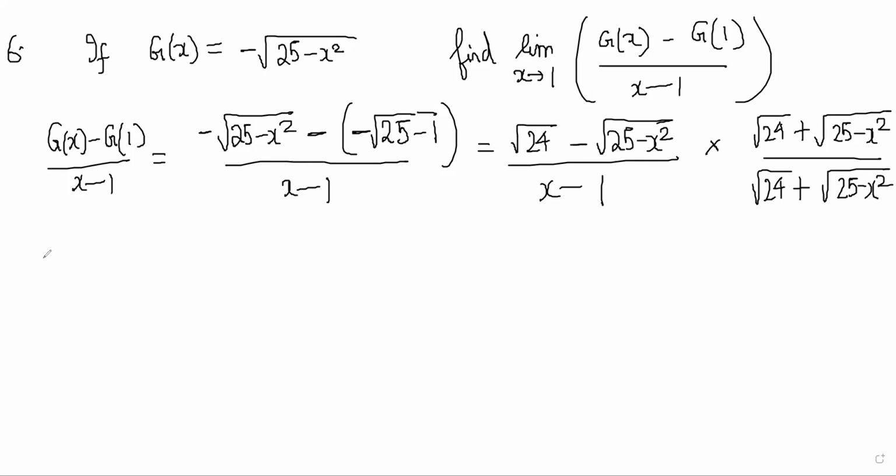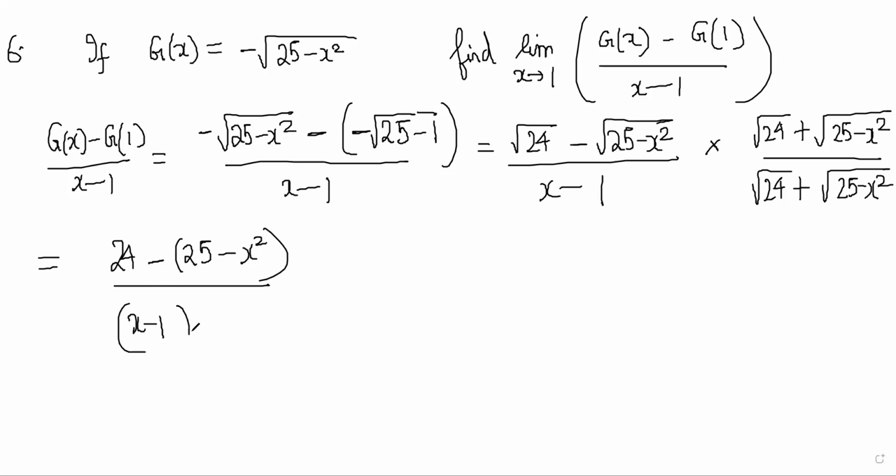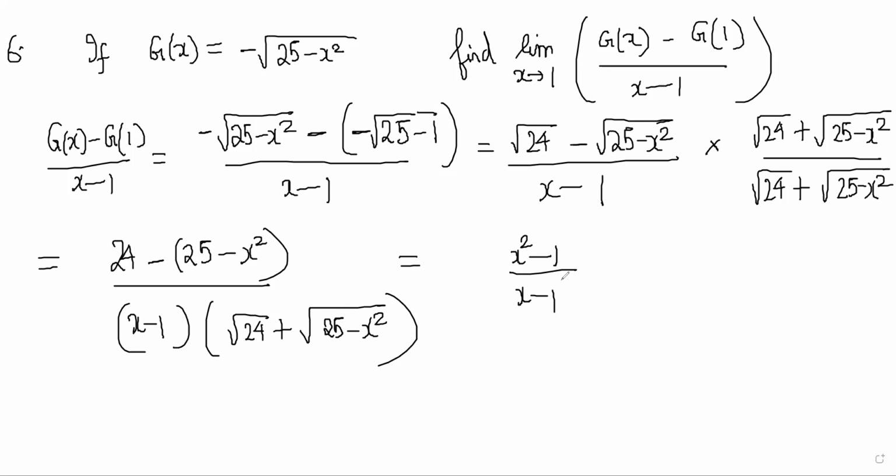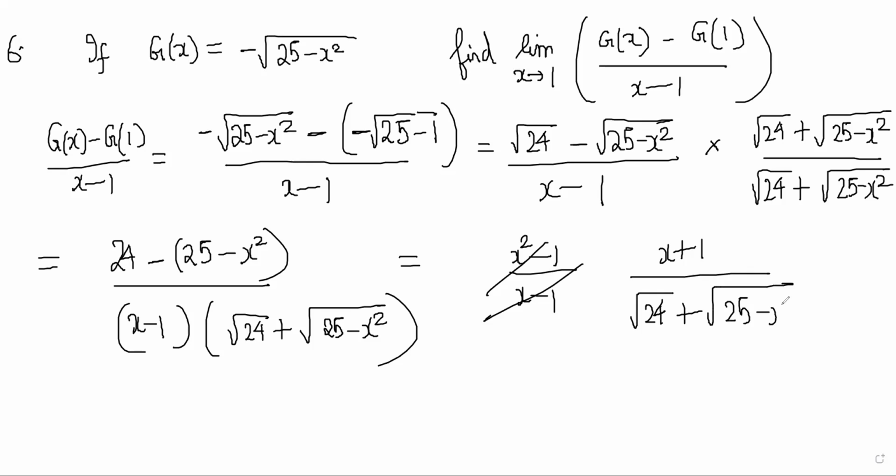So that top part will become 24 minus 25 minus x square by x minus 1, and the denominator is simply root 24 plus root 25 minus x square. So the top part becomes x square minus 1, and this cancels this x minus 1, becomes x plus 1, by root 24 plus root 25 minus x square.